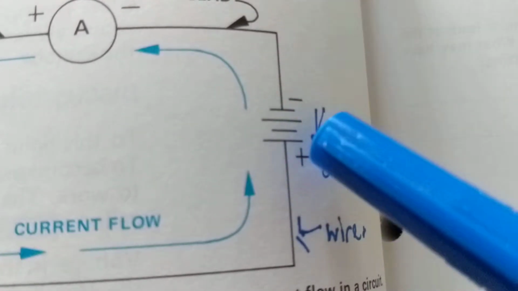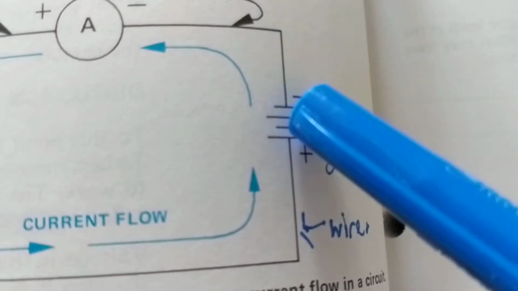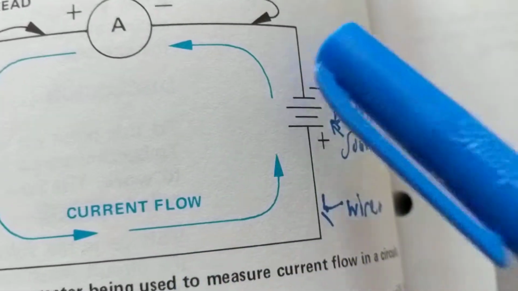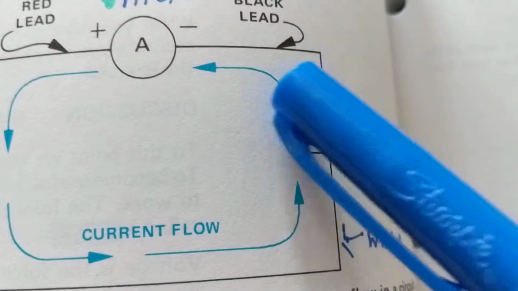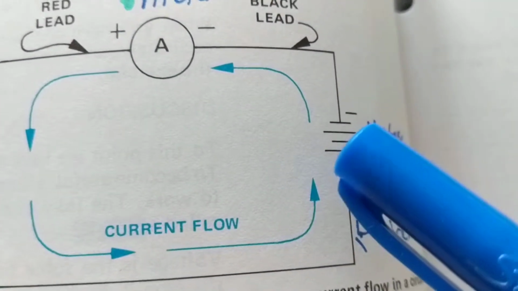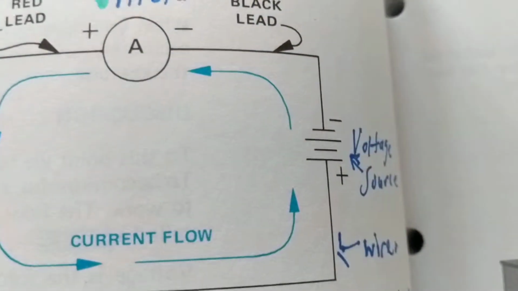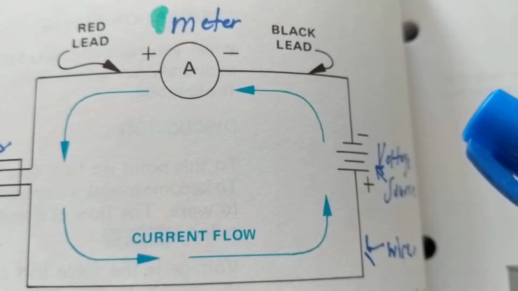Again, it could be batteries, it could be an actual power supply. But this denotes it's DC. DC means the current flows in one direction. AC would mean it changes polarity, so it will go back in the other direction. So right here we have a DC voltage source.